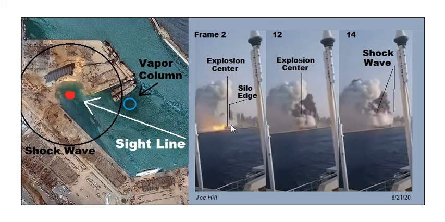That's not it. It's this little square area right here, and this is the far left edge right there. So the center of the blast is just a little to the left of the left edge of the grain silo. So this was pretty simple to just draw a line through the center of the blast, just to the left of the grain silos, and that establishes my sight line.